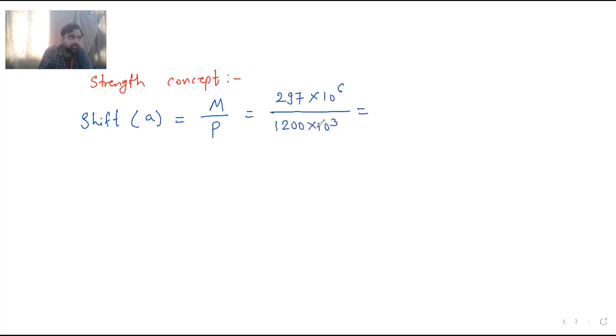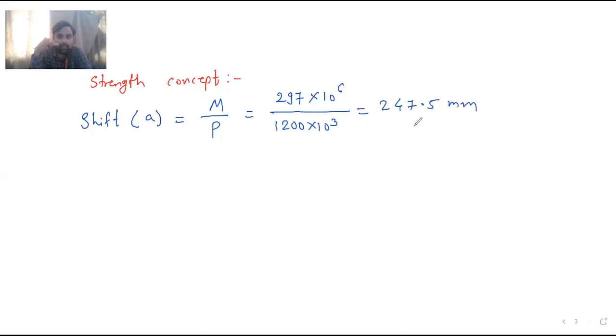What is the answer? 247.5 mm. Now this is the shift.